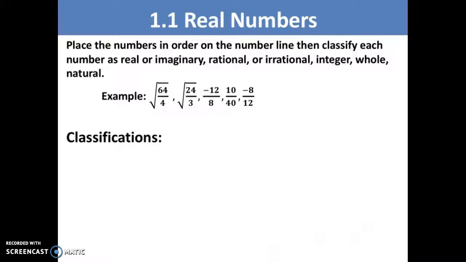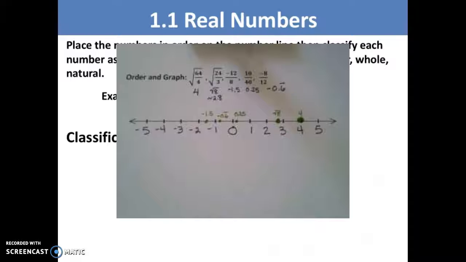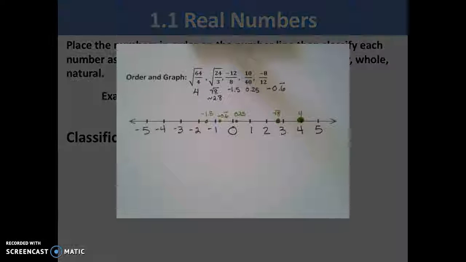So now we can go ahead and classify each of these numbers that we looked at in this original problem. Our original problem asked us to place the numbers on the number line and then classify them. So let's blow this up. Here are our numbers on the number line. Let's take a look at each of these.